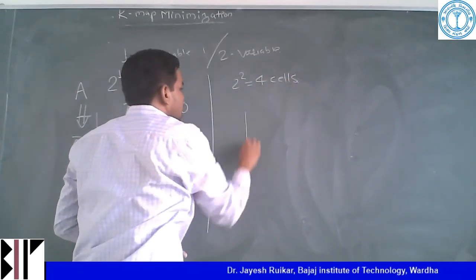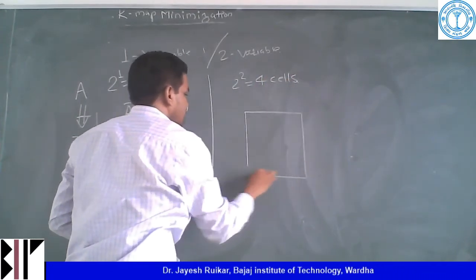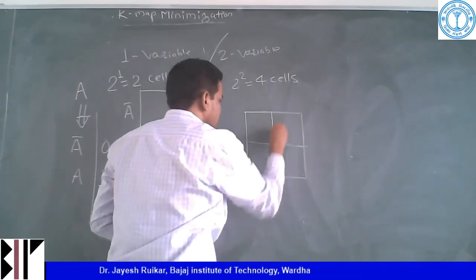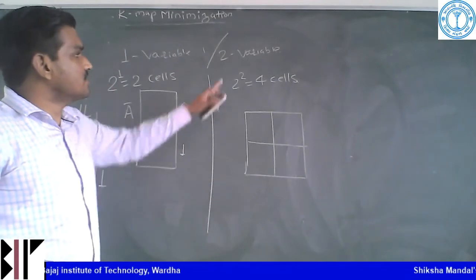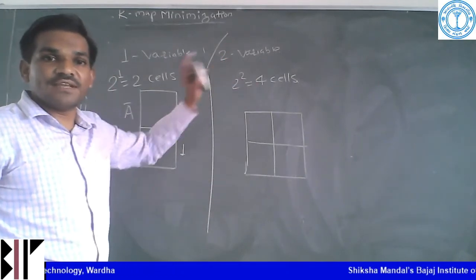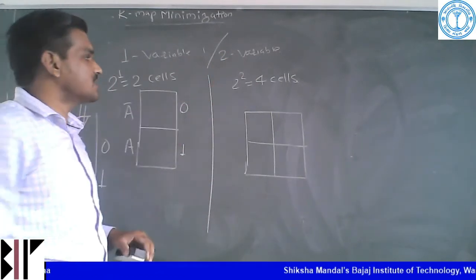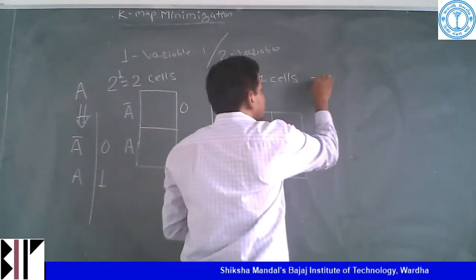So this is my 4 cell K map. How many states are there? 4 cells means 4 states are there. What are those states?